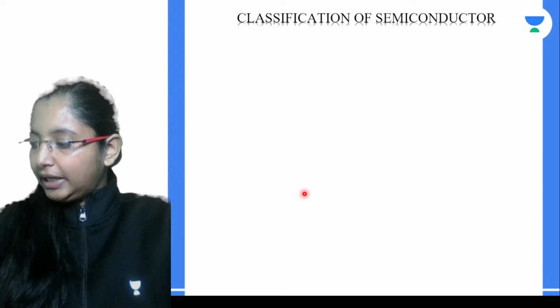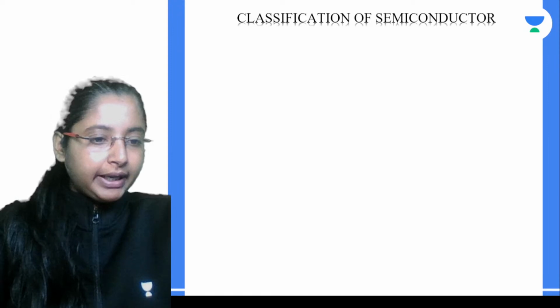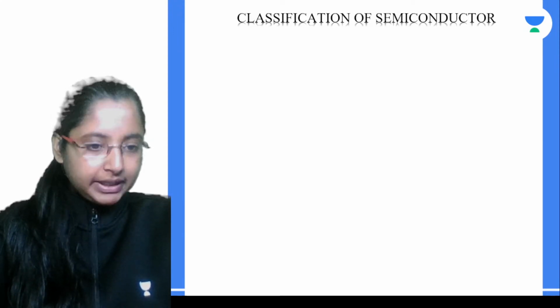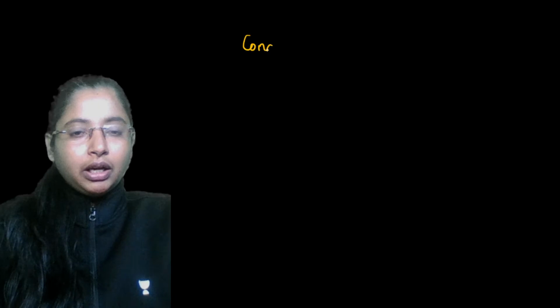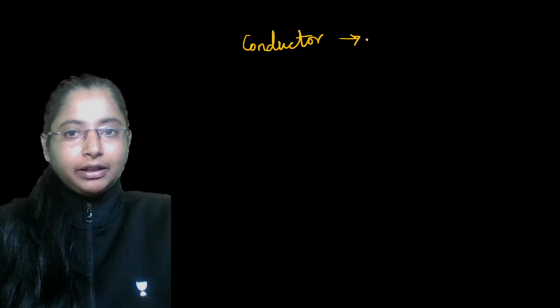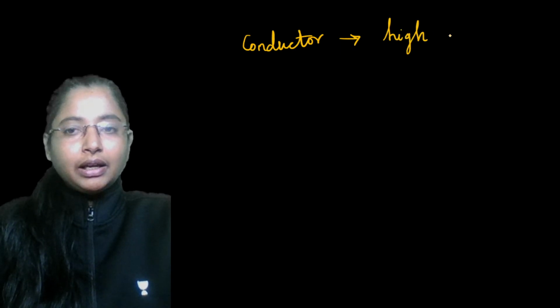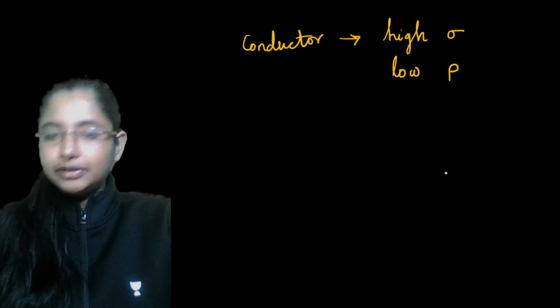A semiconductor device is very simple. You can classify semiconductors based on their electrical properties. If you take a conductor, it has high conductivity but low resistivity; the resistance is going to be low.